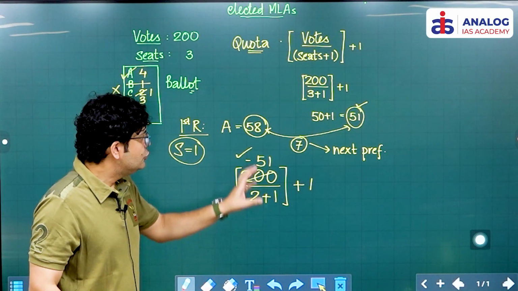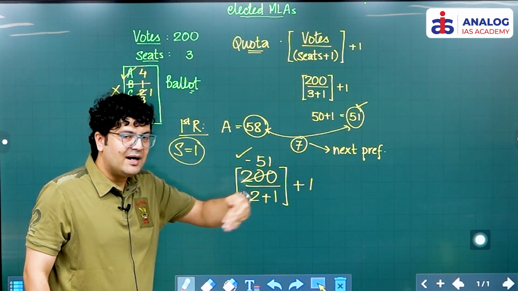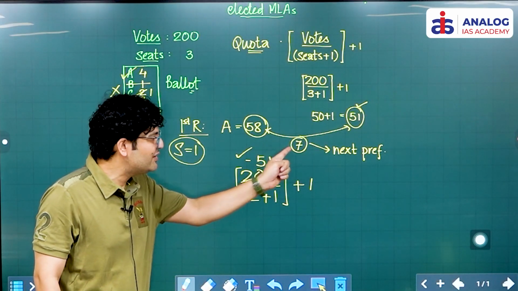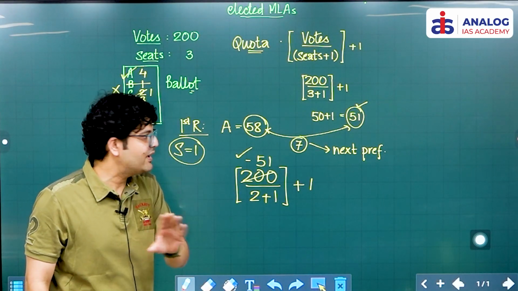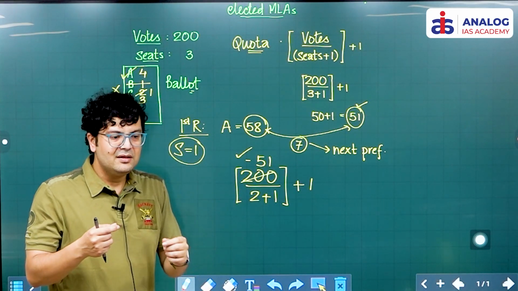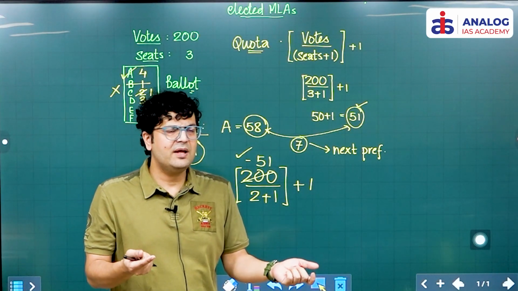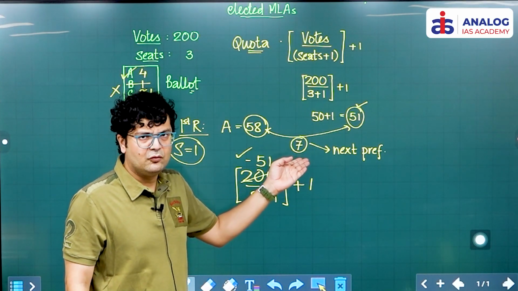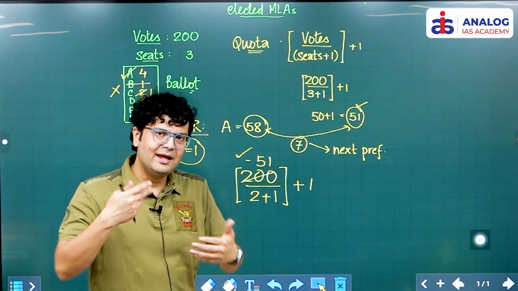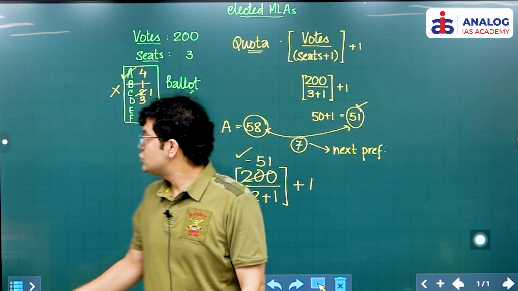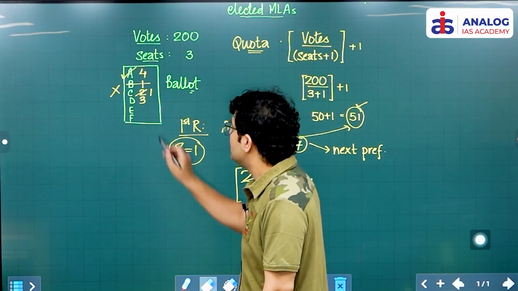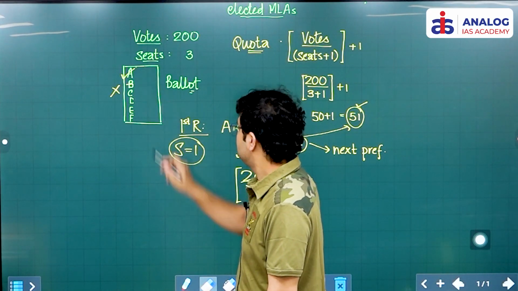And also, not every person would mark their next preference. So these extra 7 votes, just to clarify, will not all definitely be given to the next person. Why? Maybe in these extra 7 votes, some person did not mark any other preference. What if his ballot paper looked somewhat like this?